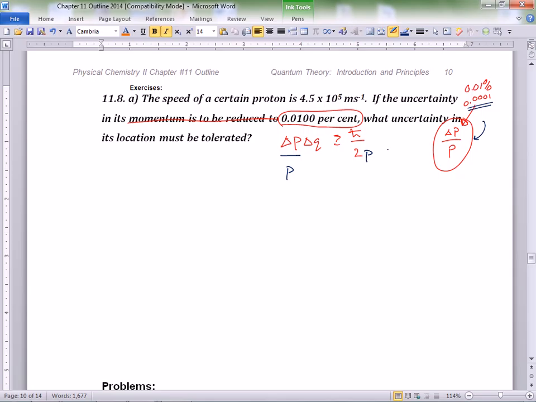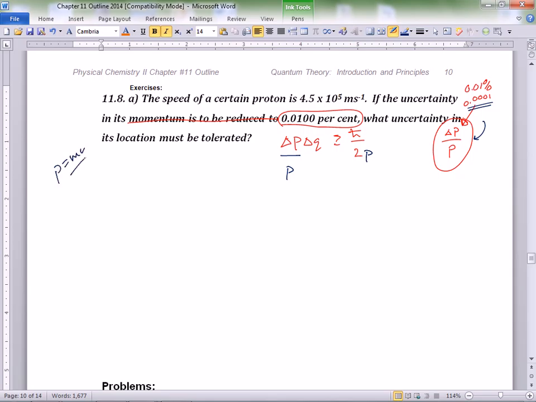All right. And you remember P is what from the concept preview? What's P? Momentum. And it was what times what? Mass times velocity or speed. So P is really mv.